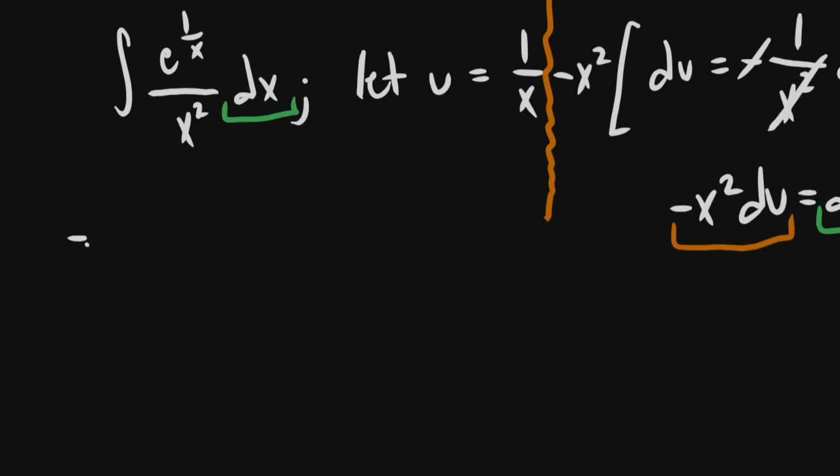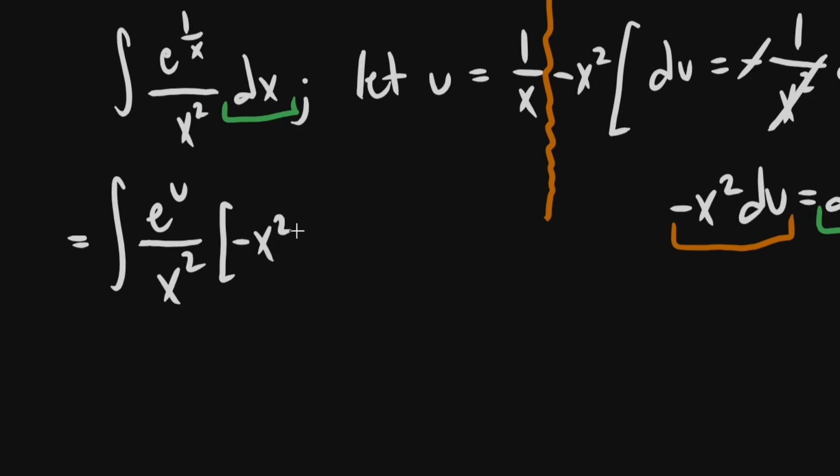So the integral of e to the u, where u is equal to 1 over x, and e to the u, over x squared, minus, since dx is equal to negative x squared du.